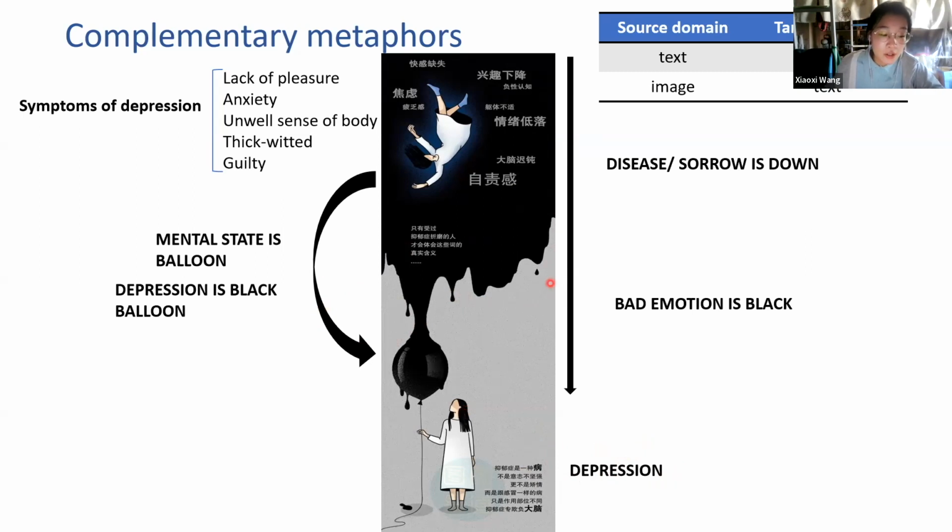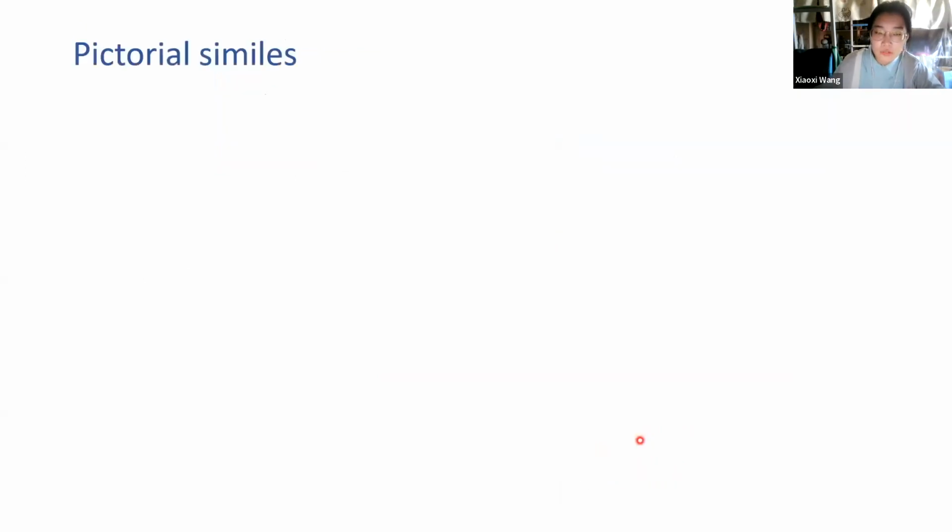So it's meant to show that depression is like a black balloon: depressing, fragile, and uncontrollable. However, it is difficult to determine the image representation, which is the balloon, without the word depression. So this is the complementary metaphor.